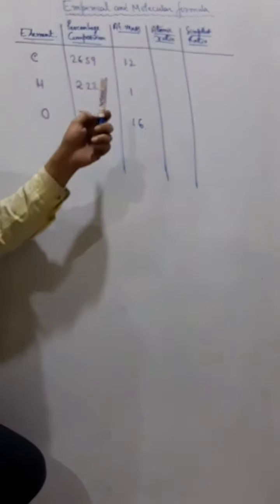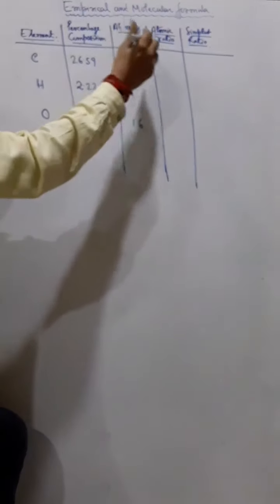After that we have to calculate these 2 parts. The first thing is that I have to calculate the atomic ratio, and then we have to calculate the simplest ratio. Now for atomic ratio, we will divide the percentage composition by atomic mass.